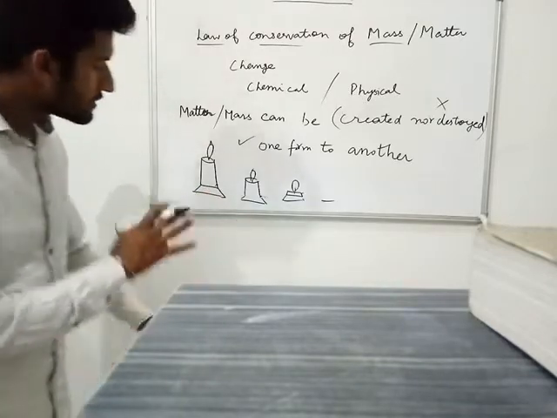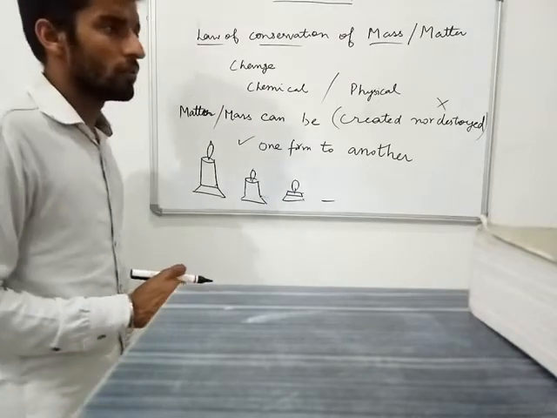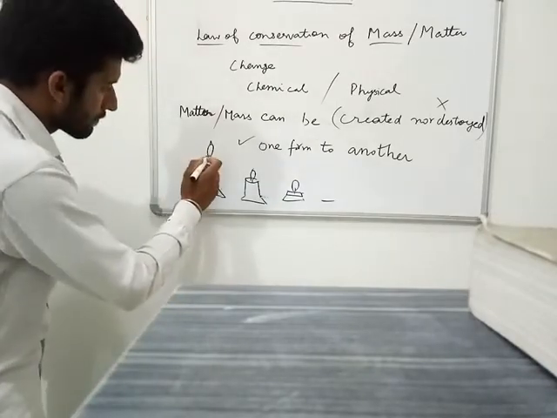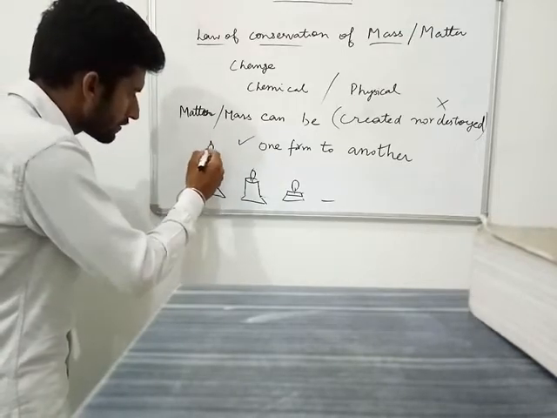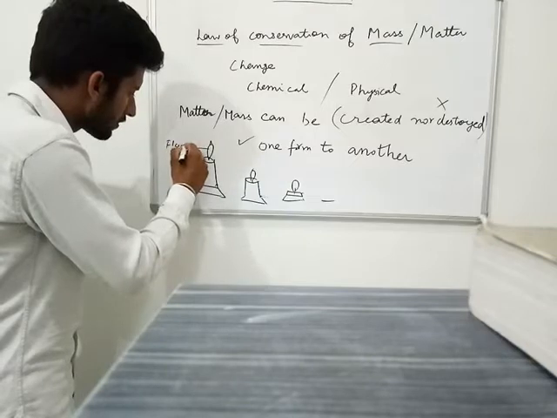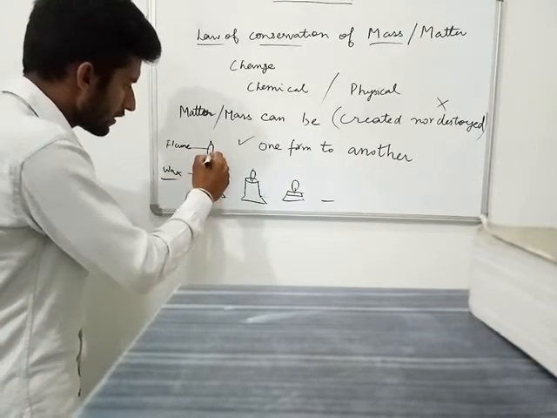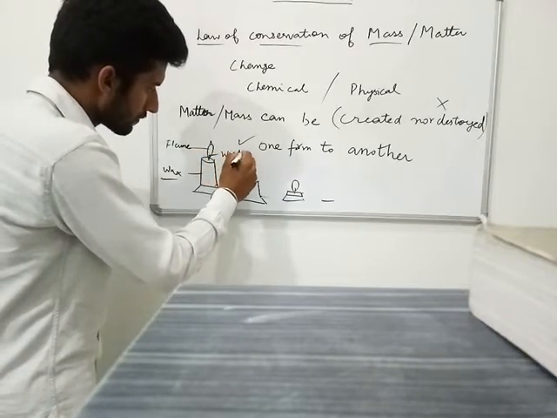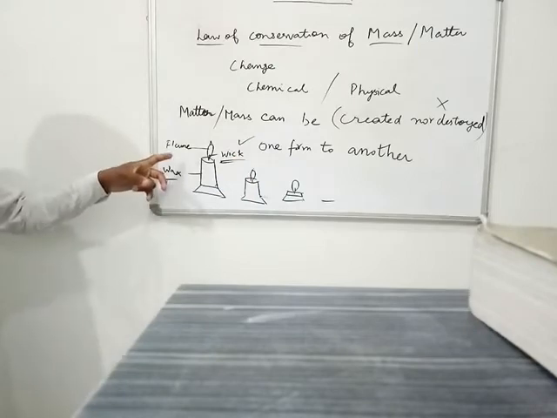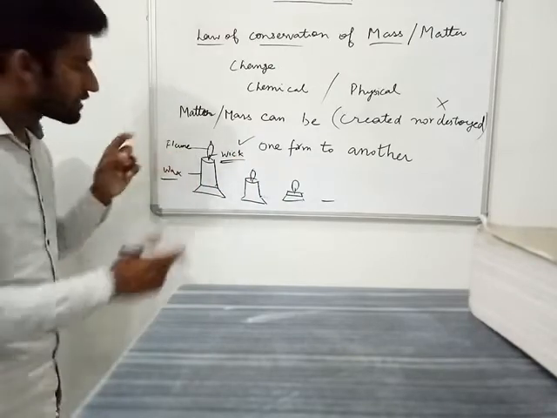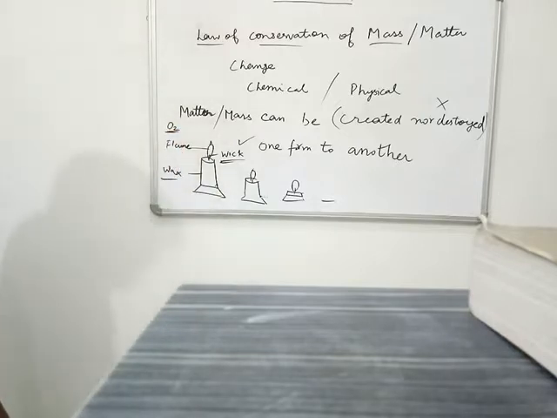But if we check from the chemical point of view, what is involved in the candle? One is the flame, and second is the wax, and here is the wick. Now burning always takes place in the presence of oxygen, O2.